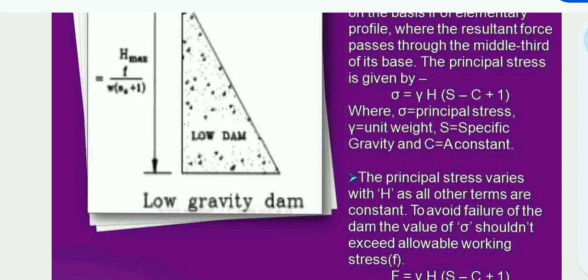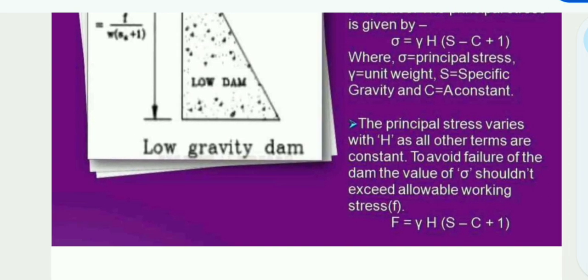The principal stress varies with h as all other terms are constant. To avoid failure of the dam, sigma should not exceed the allowable working stress F equal to gamma h into (s minus c plus 1).